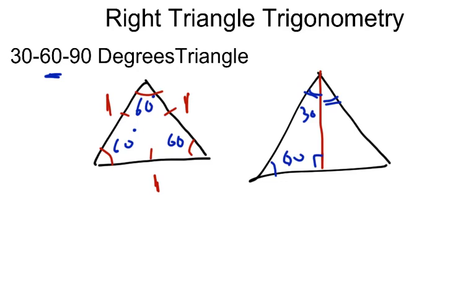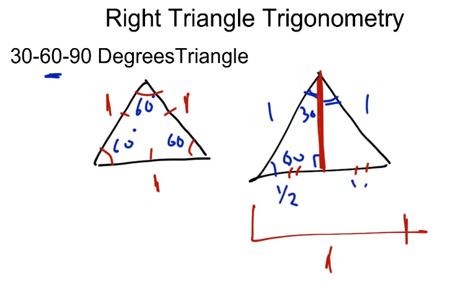Now, the sides are 1, 1, and the bottom is 1. This line is a perpendicular bisector and an angle bisector, dividing the base into two equal parts. So that side is equal to that side. If the whole thing is 1, then each little piece is going to be 1/2.